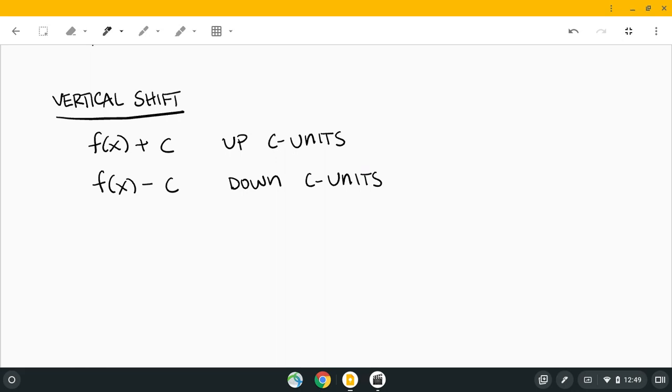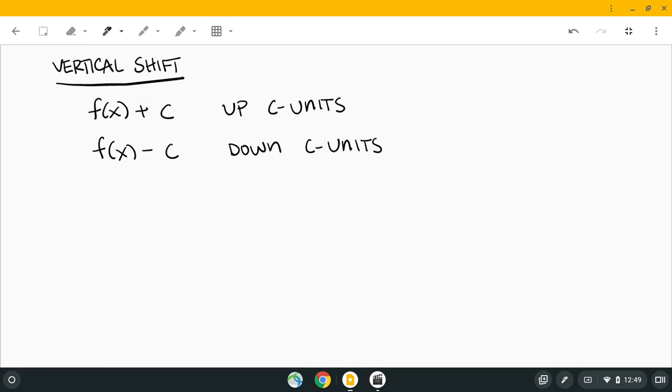Okay, so for example here, if you have this function x squared, right? That's your parent function, x squared, and you add 3 units to it, this would shift up. Here, let's write down what the parent function is.